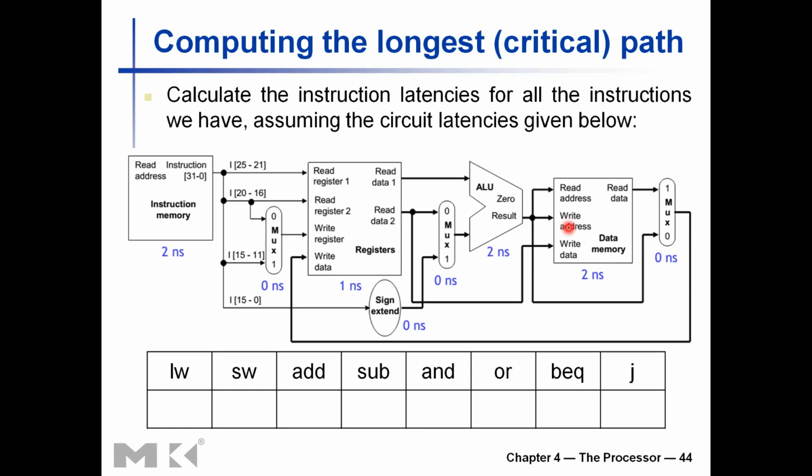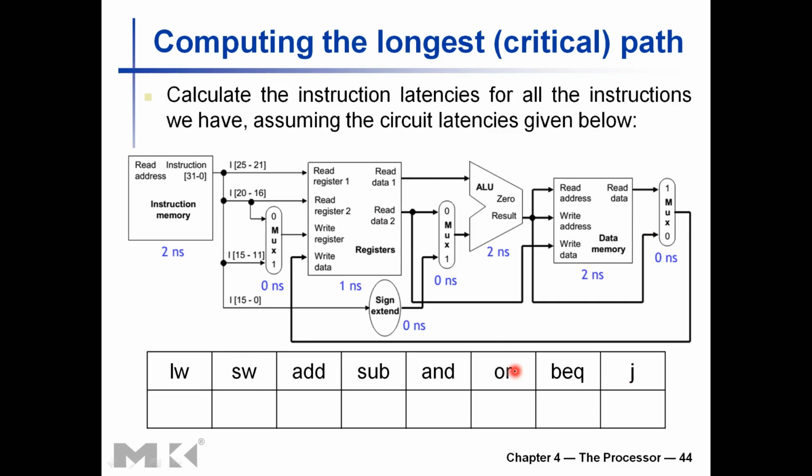Right. So now I want you all to look at this and tell me the values for the time taken by these different instructions: load word, store word, add, sub, and or, branch if equal, and jump. These are mostly the instructions that we were looking at. Add, sub, and or are R-type instructions.